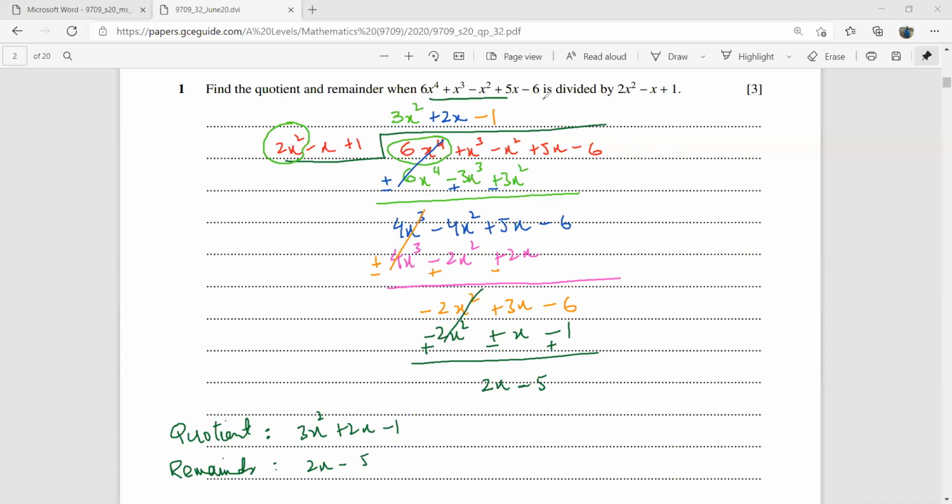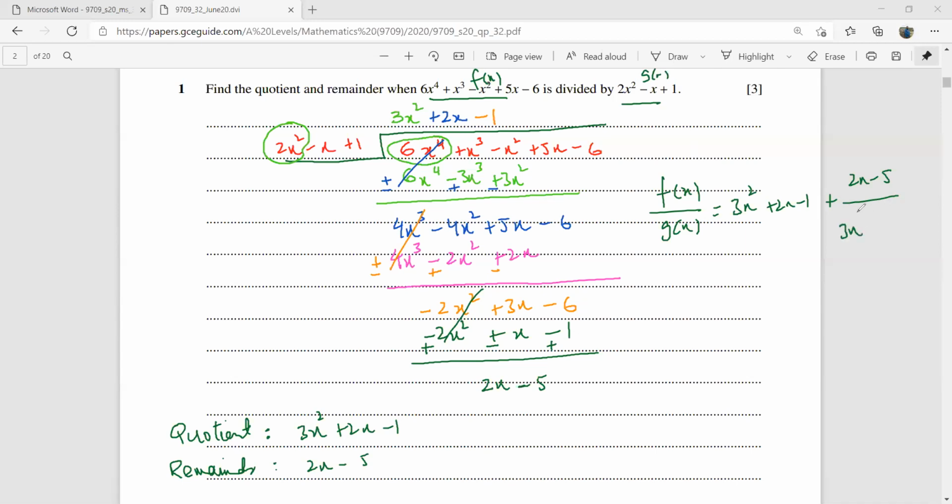You can also write that all of this divided by this. If this is your f of x, suppose this is your g of x, then f of x divided by g of x is going to be the quotient 3x squared plus 2x minus 1 plus the remainder over the divisor.